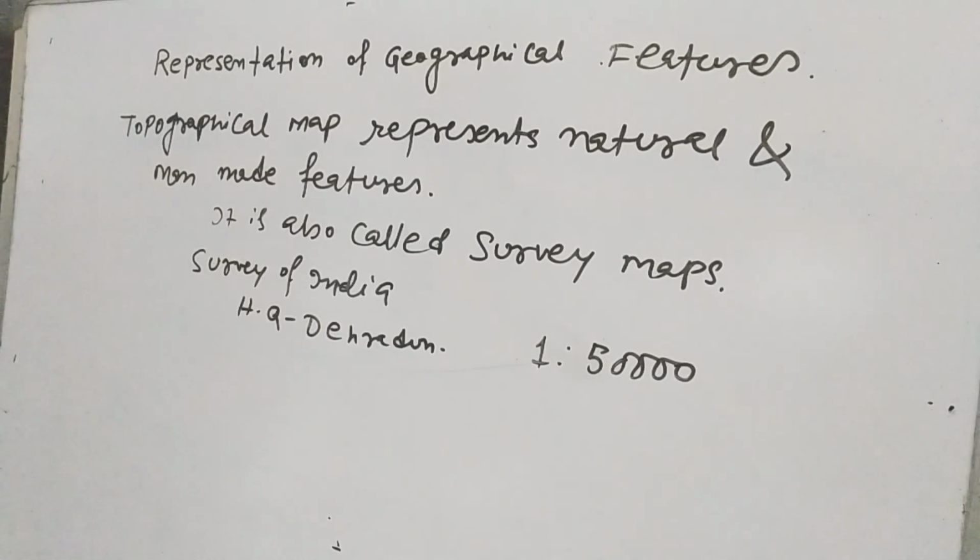But nowadays, topographical maps are rarely used because they take a long time to prepare properly and do not show up-to-date information. Okay, next we'll be discussing contours, the use of contours on a topographical sheet.